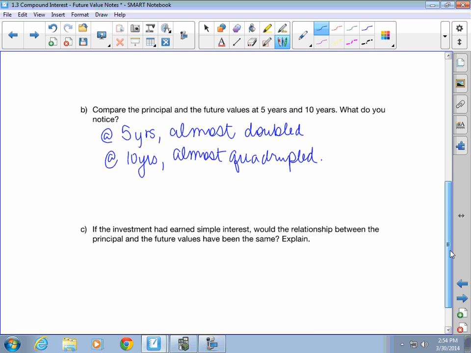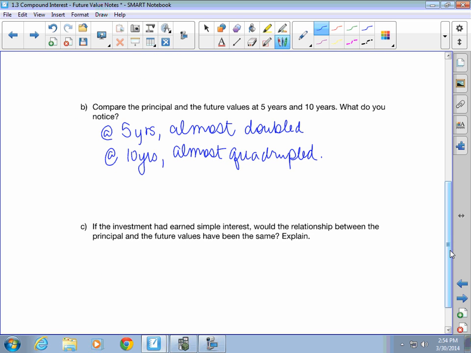So then it says, if the investment had earned simple interest, would the relationship between the principal and the future values have been the same? So after 5 years or after 10 years, if this had been a simple interest calculation, would we have the same amount? So our simple interest, remember, is that principal times rate times your time.